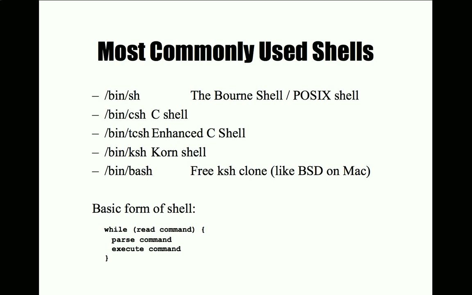One family of shells is called the Bourne shell family, which is very popular, and the Bash and Korn shell are very similar to the Bourne. Actually, it's part of the same family. The C shell is slightly different, and the enhanced C shell. But there is a standard that almost all of them adhere to.